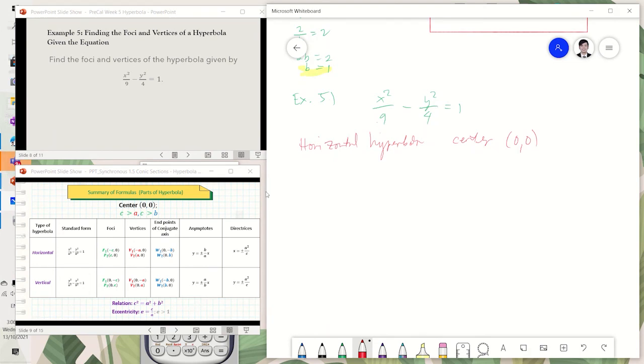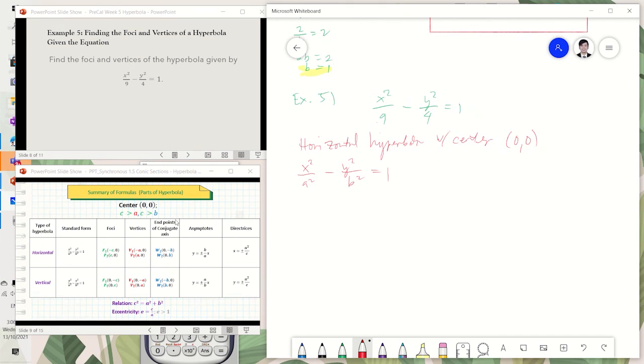Now, the horizontal hyperbola with the center at the origin has a standard form, which is x squared over a squared minus y squared over b squared is equal to 1. So take note, finding the foci and the vertices involves the c and the a. So that's what you need to figure out. So probably you'll look for the a, b, and c.